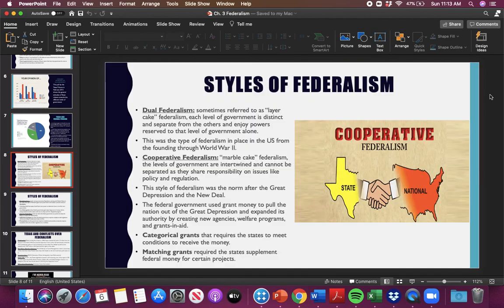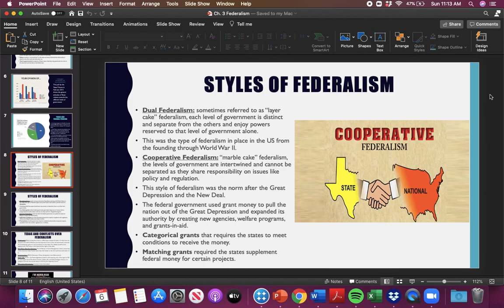All right, so there's a couple of different styles of federalism that we'll talk about. Dual federalism, which is sometimes called layer cake federalism. If you were to draw a cake and draw lines between the different layers, that would represent dual federalism. You would have your local, state, and federal government each as a layer, and there would be a barrier between the three of them.